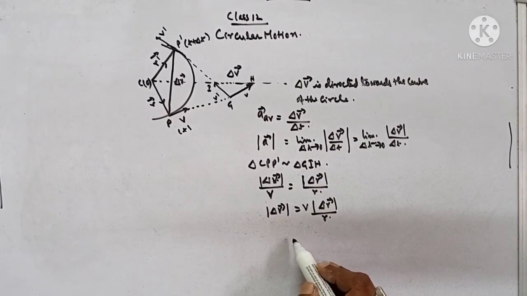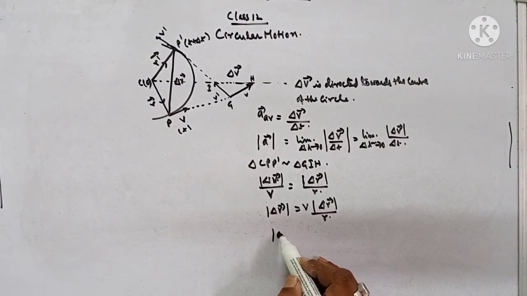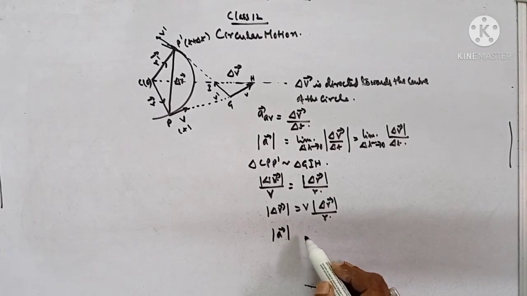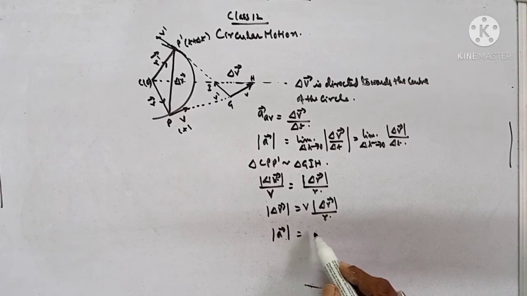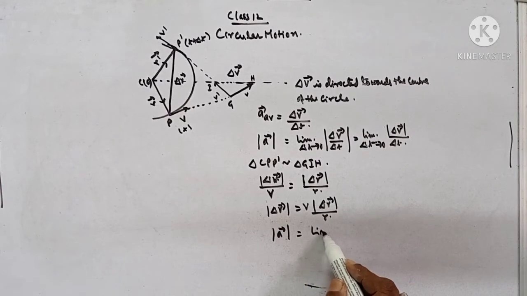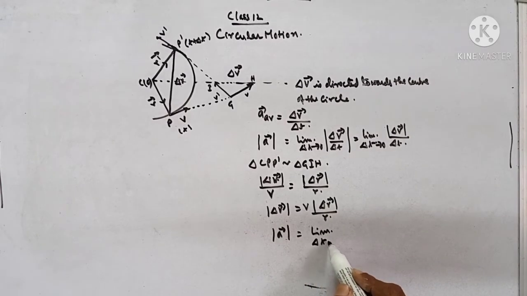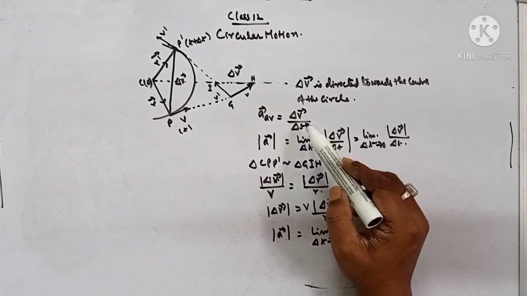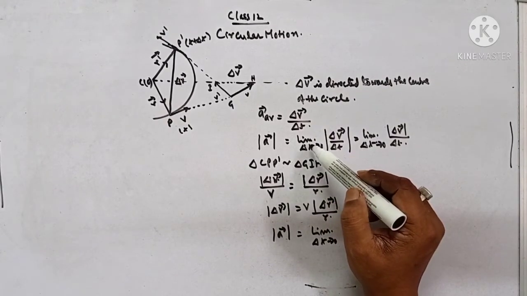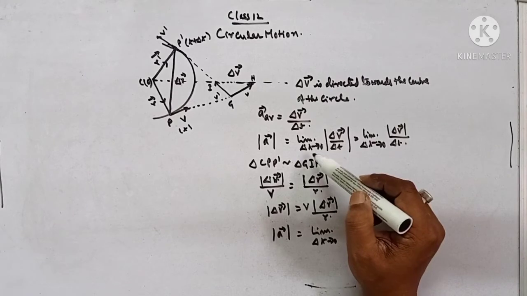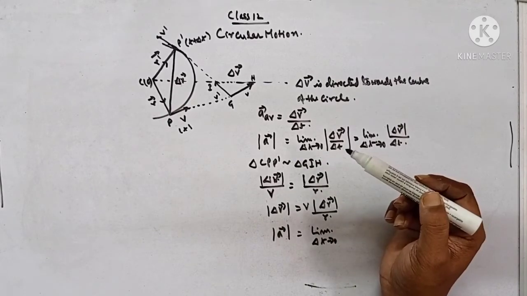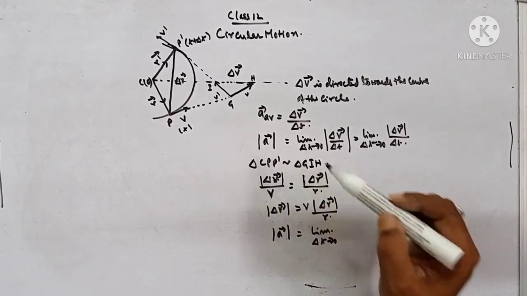So here the magnitude of this acceleration will be equal to limit delta t tends to 0, because here this is average acceleration. When I take the limit delta t tends to 0, it becomes acceleration.